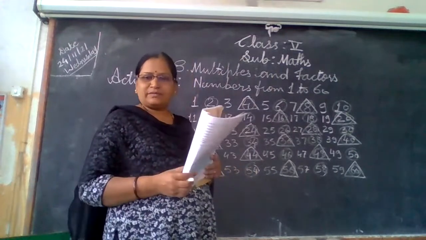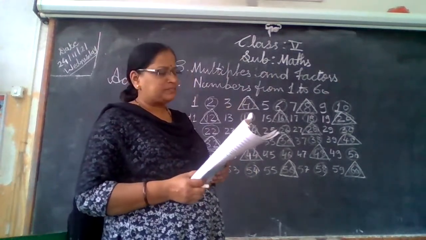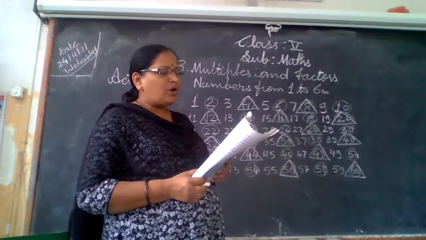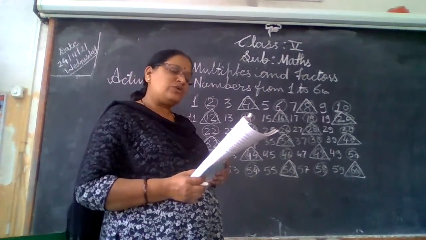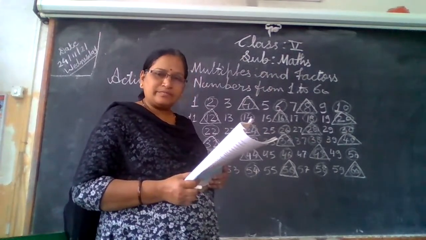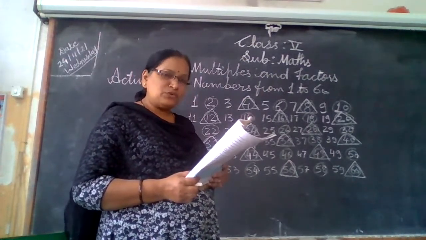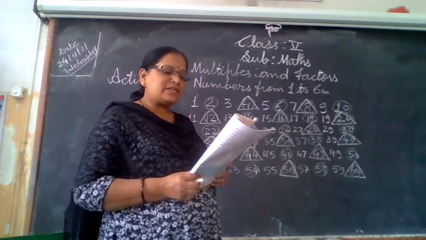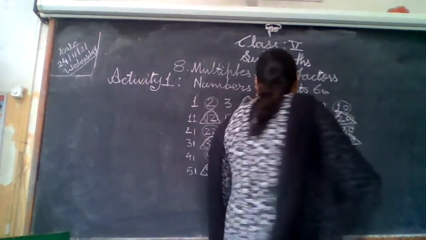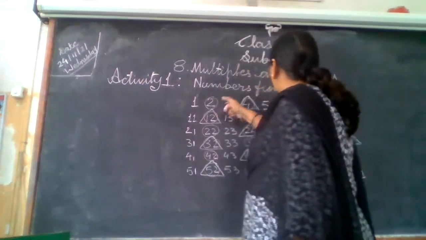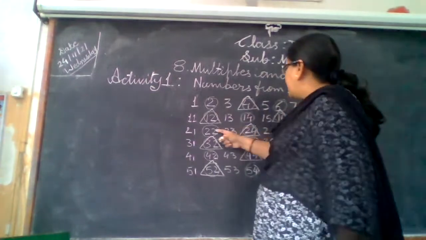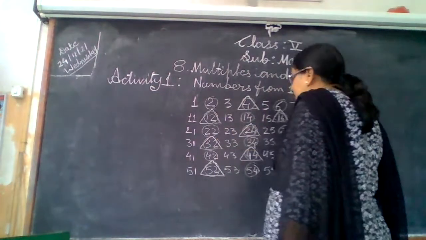And now what is given? Do all numbers with a blue circle also have a red circle around them? Some numbers are like 2, 6, 10, 22, 26, 30.